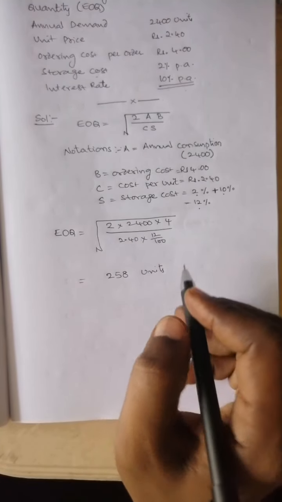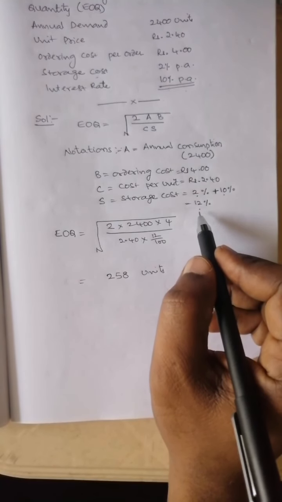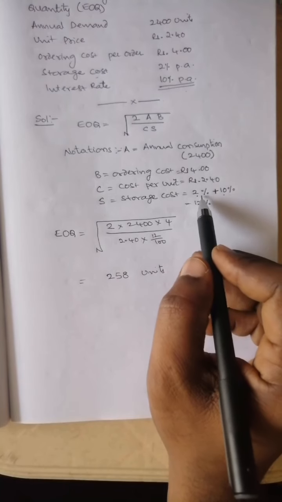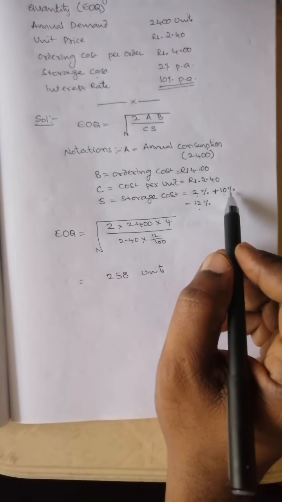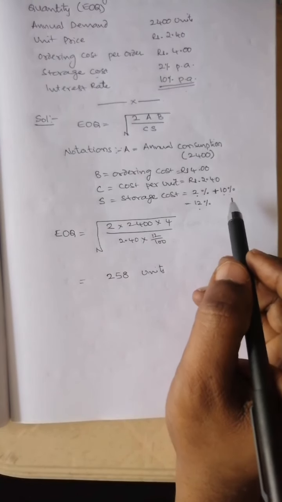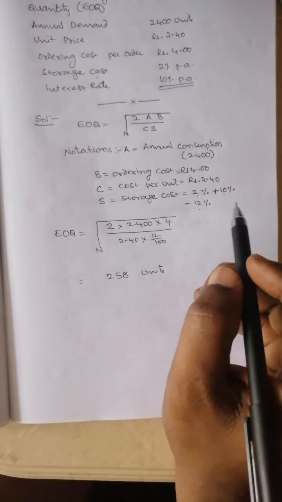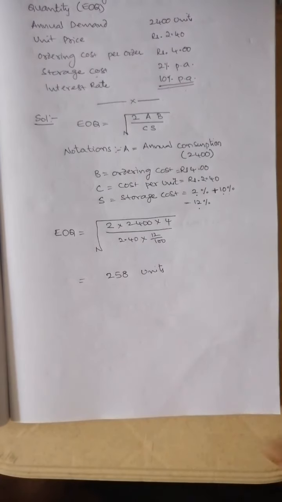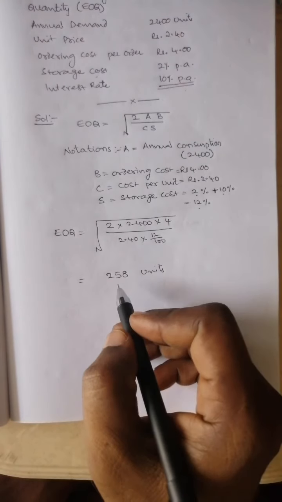So the only difference between the previous problem and this problem is the addition of these two, that is storage cost as well as interest rate. Interest rate is also part of holding cost. So this way you have to compute. Instead of following a number of steps, I have straight away used the calculator and shown the 258 units.